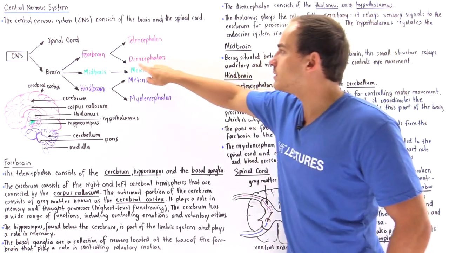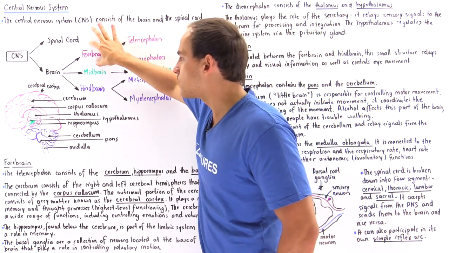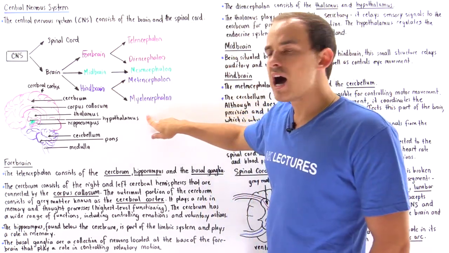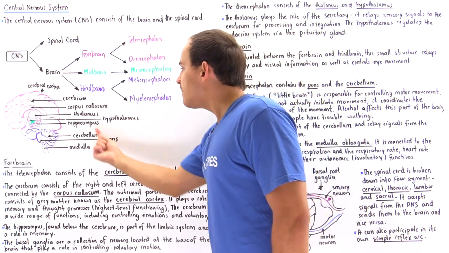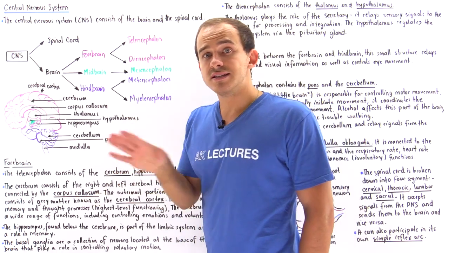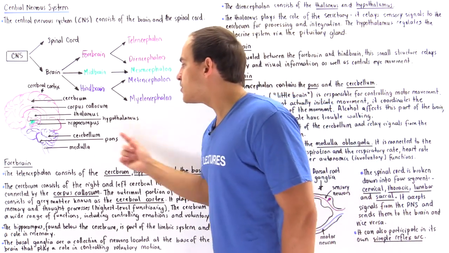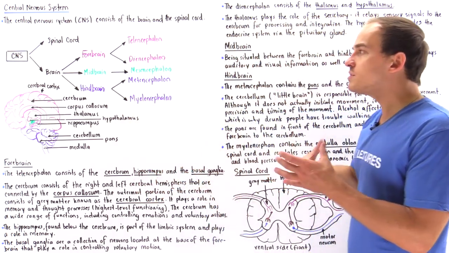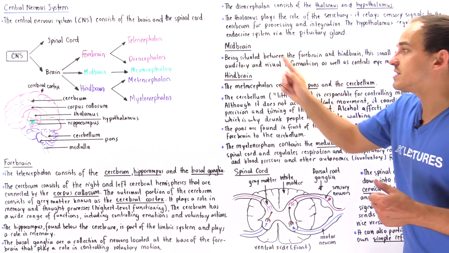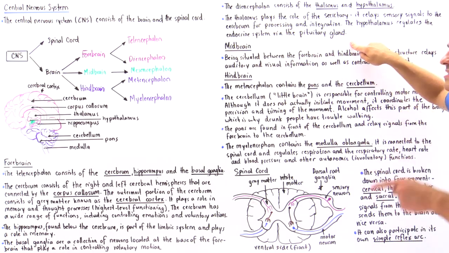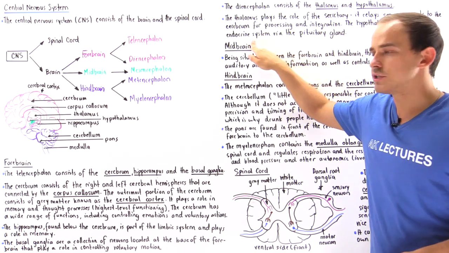Let's move on to our diencephalon of the forebrain. The diencephalon contains our thalamus and the hypothalamus. So the hypothalamus we're going to discuss in detail when we look at the endocrine system. The hypothalamus is basically the control center of the endocrine system because it controls the pituitary gland, the master gland of our endocrine system.